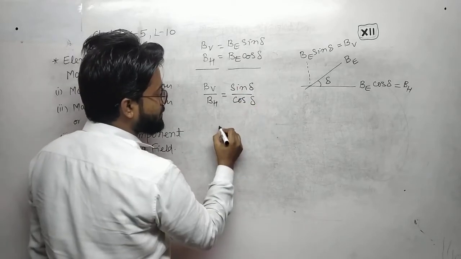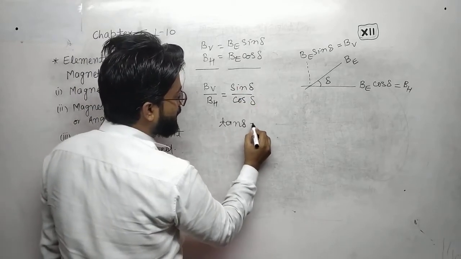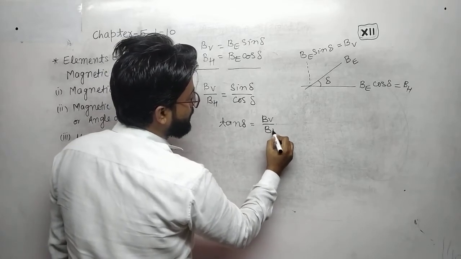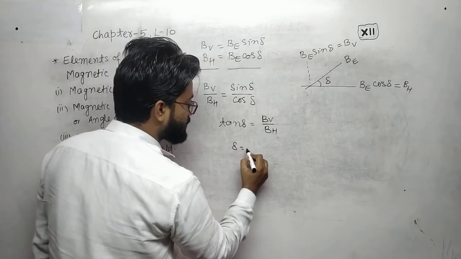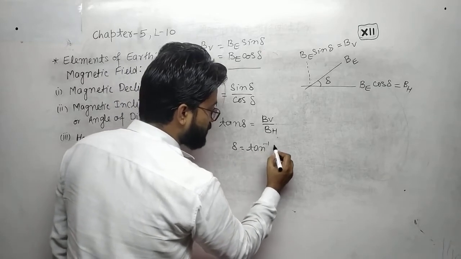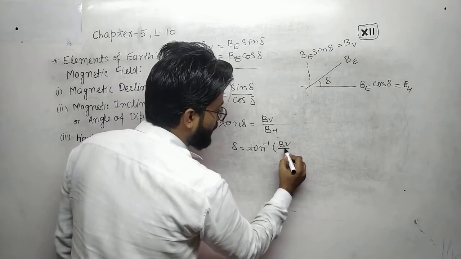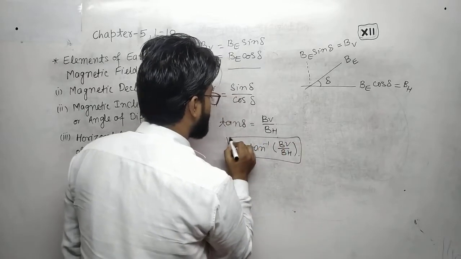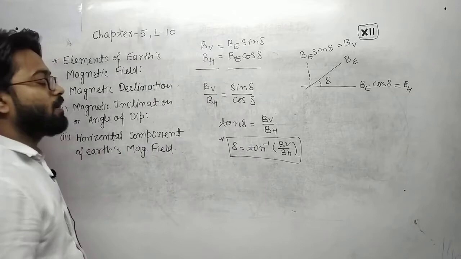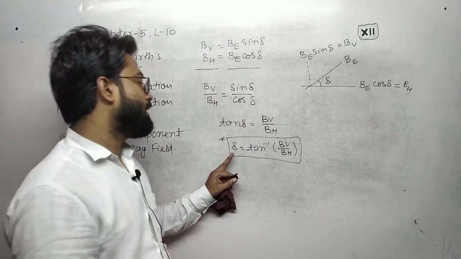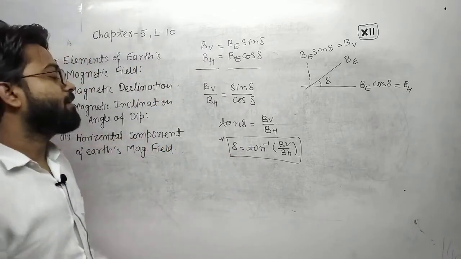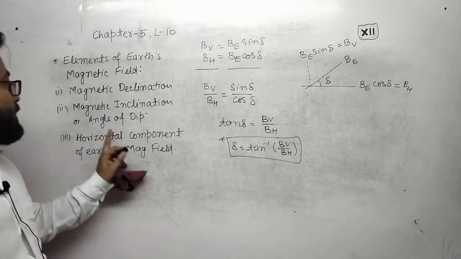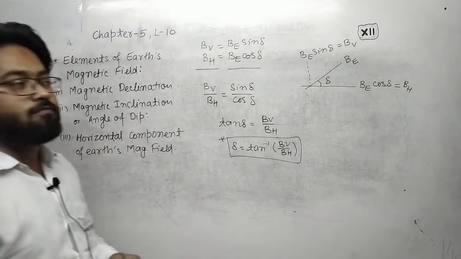Sin upon cos means tan delta equals BV upon BH, so delta equals tan inverse of BV upon BH. This is the formula to calculate delta, the angle of inclination: if the vertical and horizontal components are given, you can easily calculate the angle of dip.